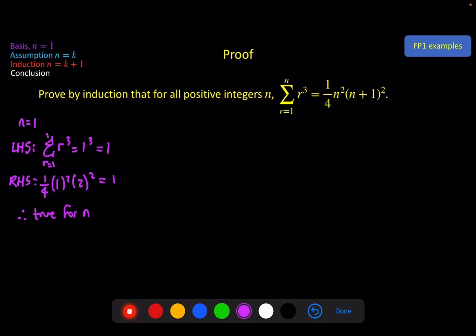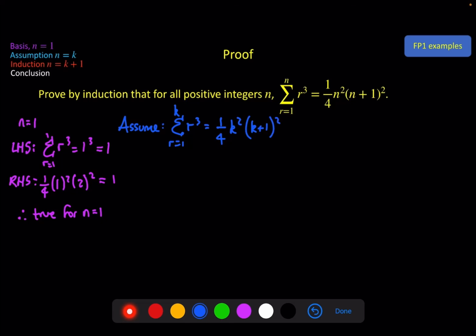So it is true for n equals 1, yes. Now we're assuming that it's true for n equals k. And that would be 1 over 4 k squared, k plus 1 all squared.